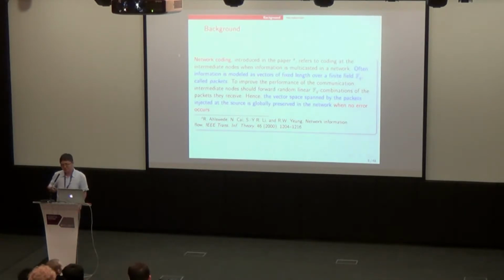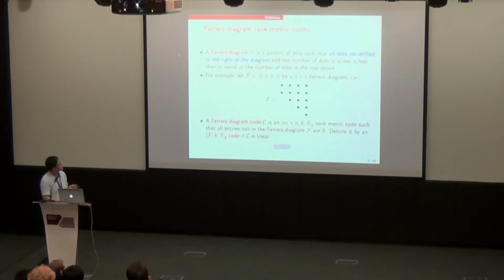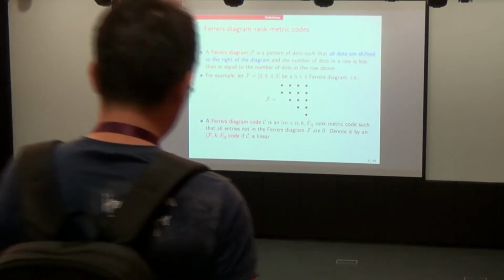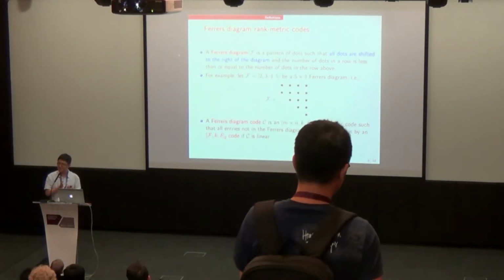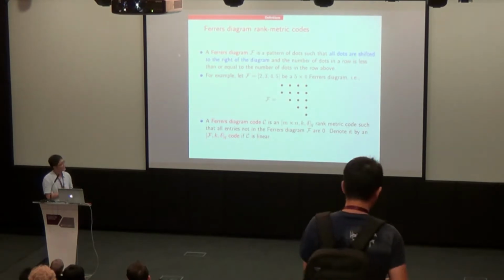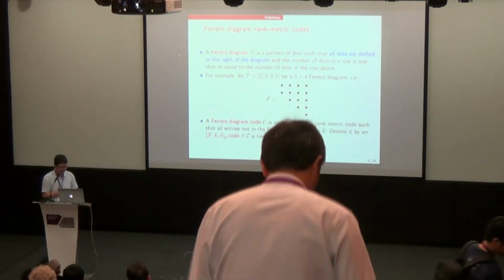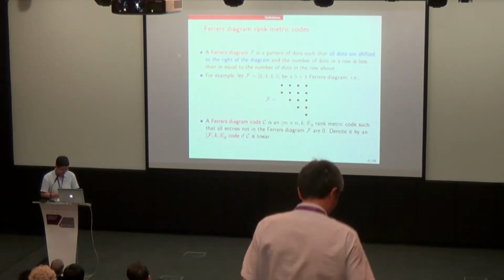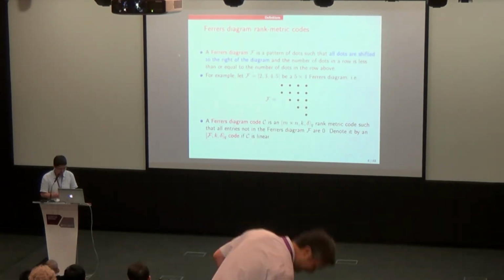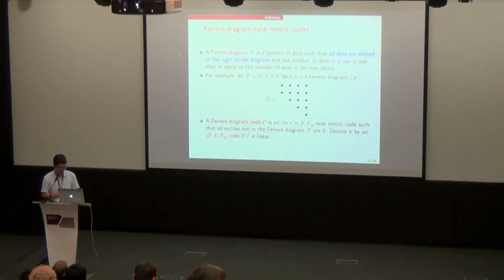Just now, Julie has introduced much background on this code. Actually, Ferrers diagram rank metric codes were introduced by Etzion and Silberstein in 2009. They presented a very excellent and simple construction. It's very effective for constructing subspace codes. Their method can produce good subspace codes.